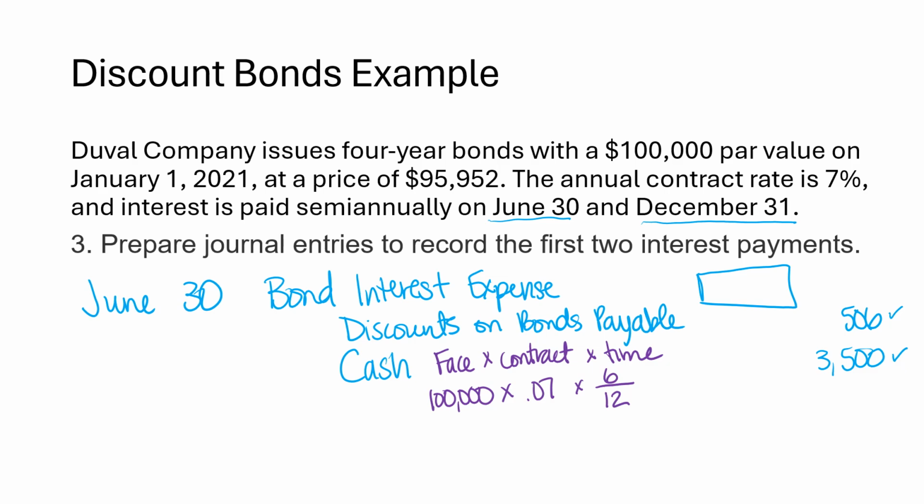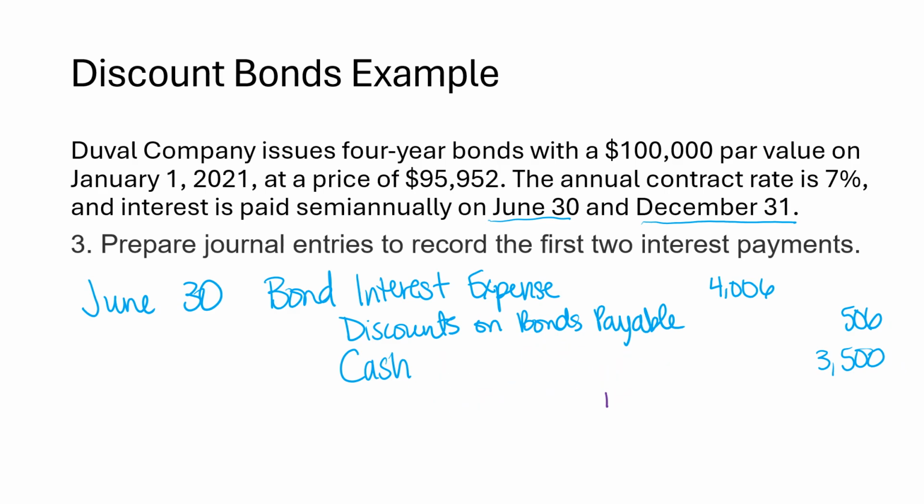We add those two together, and that gives us bond interest expense of $4,006. So for every single one of those 8 interest payment journal entries, this is the exact journal entry that you will see.